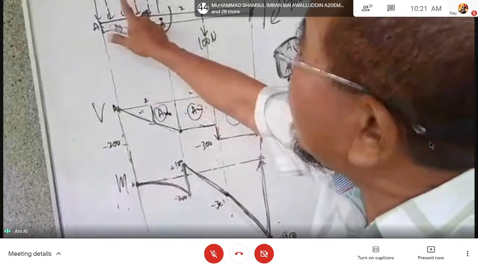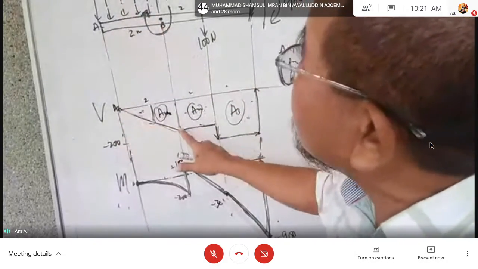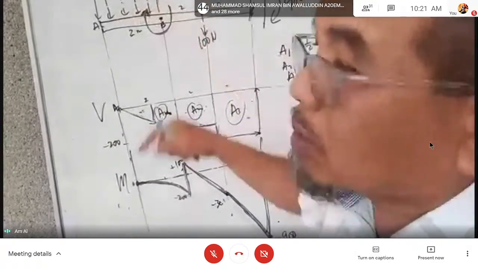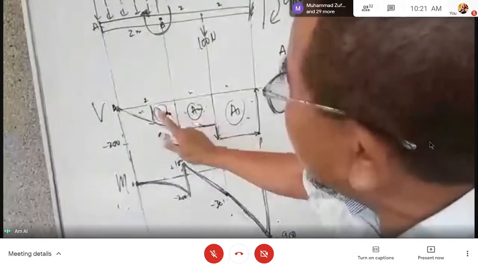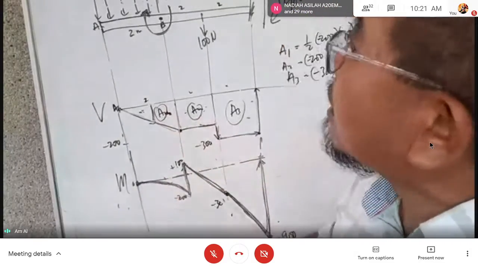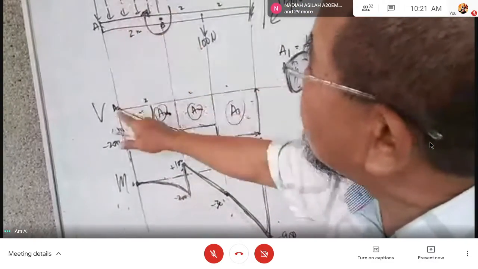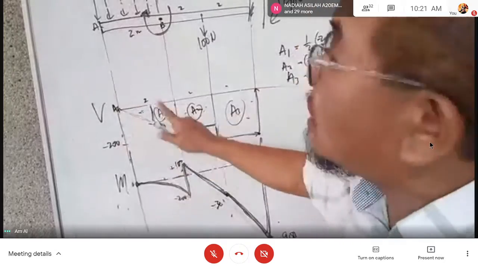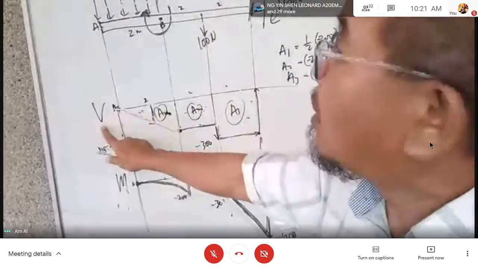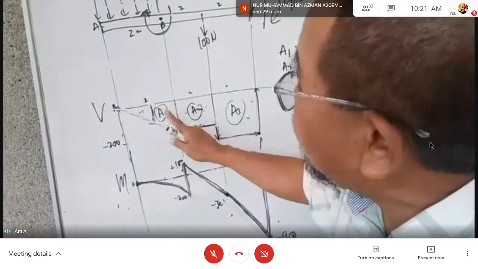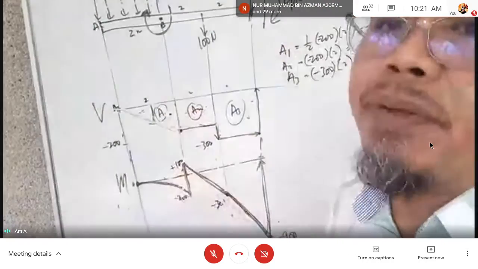Why is this one area here? This one is going down because the force is going down. And then the area here is the changing of the moment. The area in the load, changing in the FBD, is the changing in the shear force. The area in the shear force is the changing in the moment.